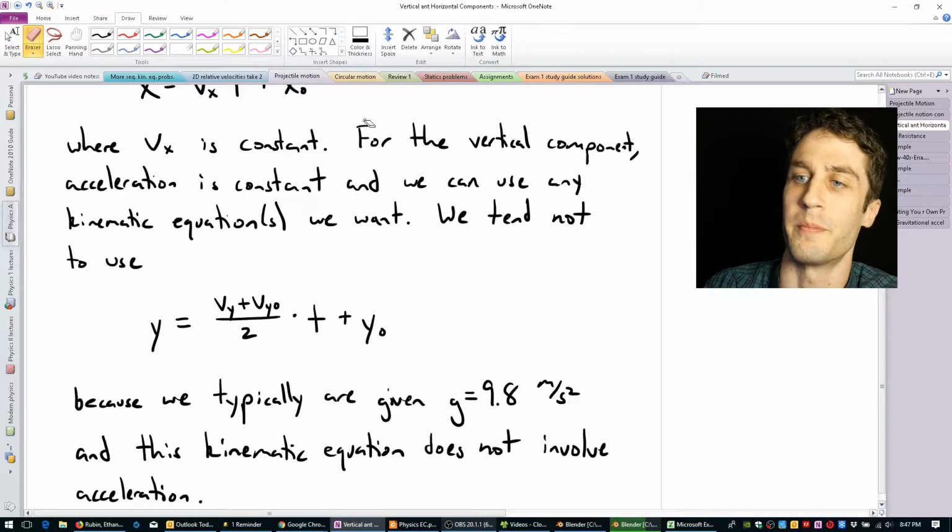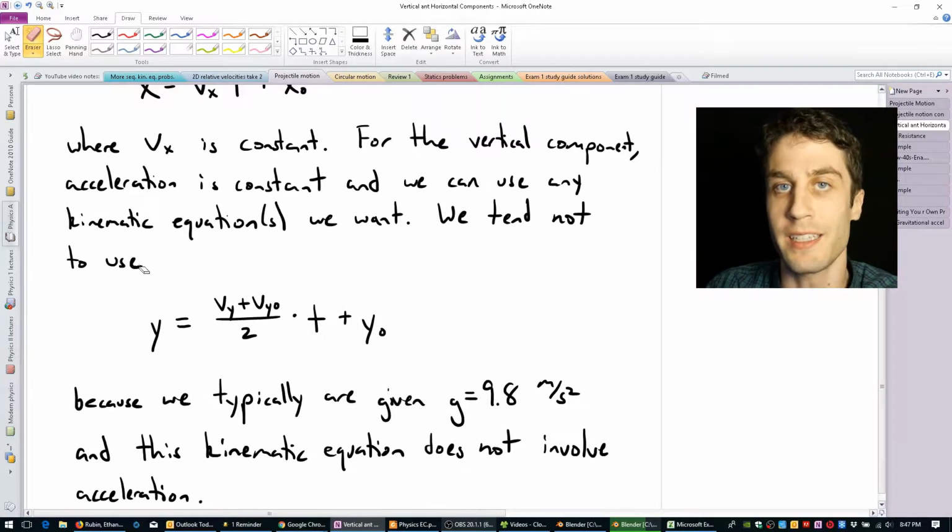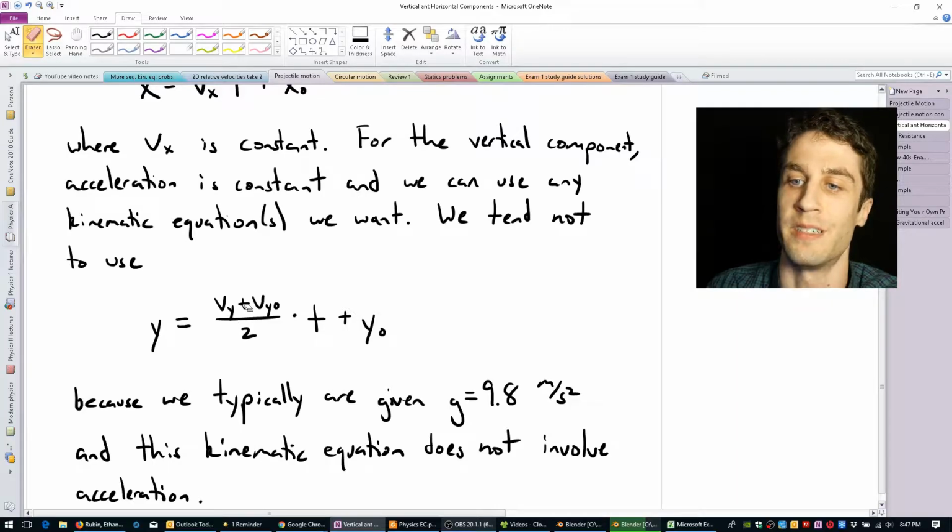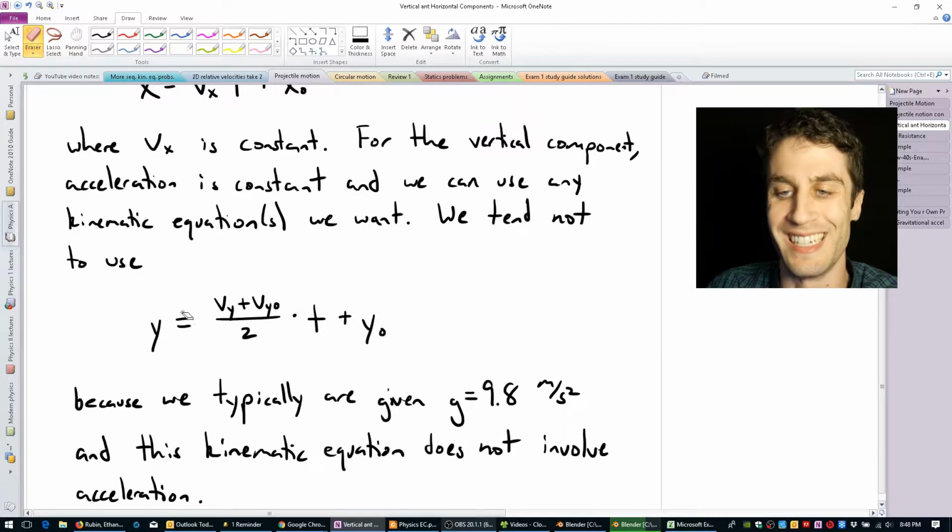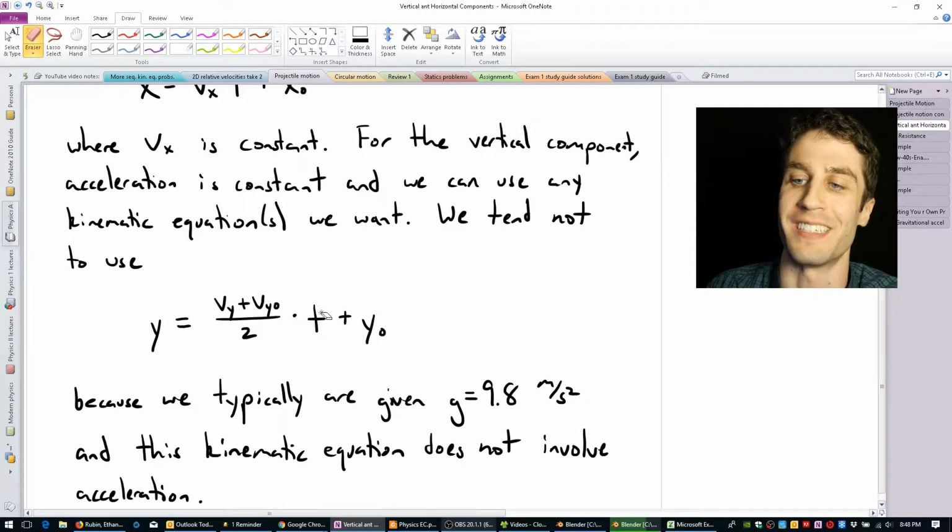Okay, for the vertical component, acceleration is constant, and we can use any kinematic equations we want. We tend to not use y minus y naught equals average velocity times time. Net displacement equals average velocity times time. Okay, so the second kinematic equation.